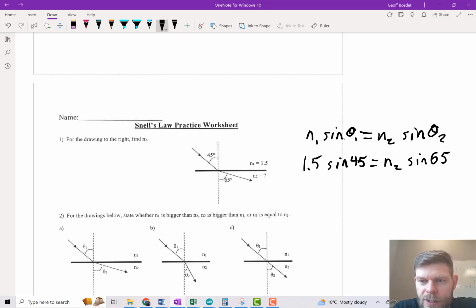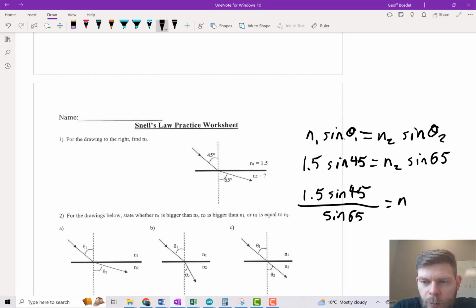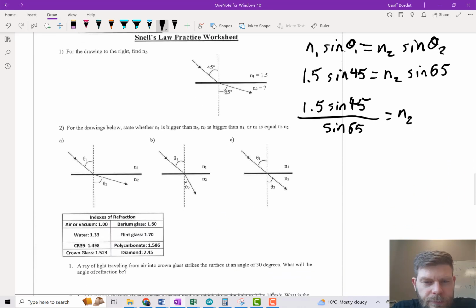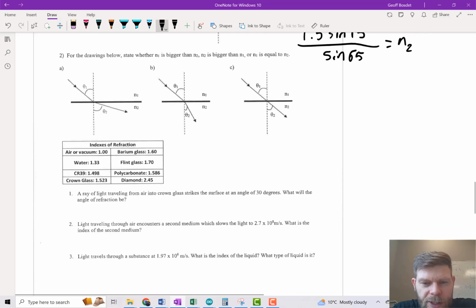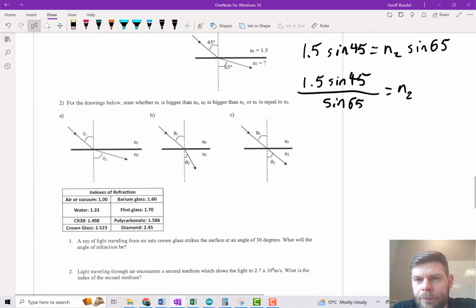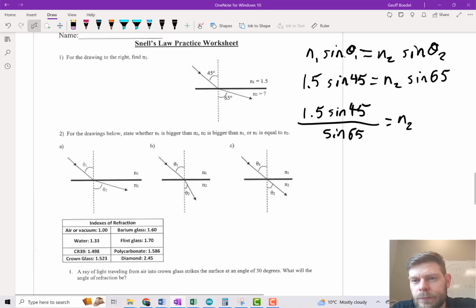So if we wanted to solve for this guy, we'd just do 1.5 sine 45 divided by sine 65, and that will equal what we're looking for. So this one's not too bad. Gets a little trickier sometimes when you want to solve for like theta, depending on how good you are with inverse sine.